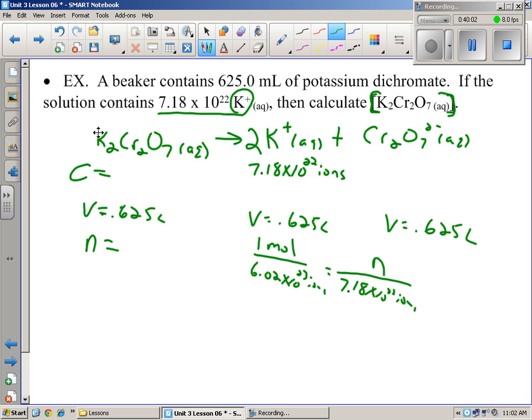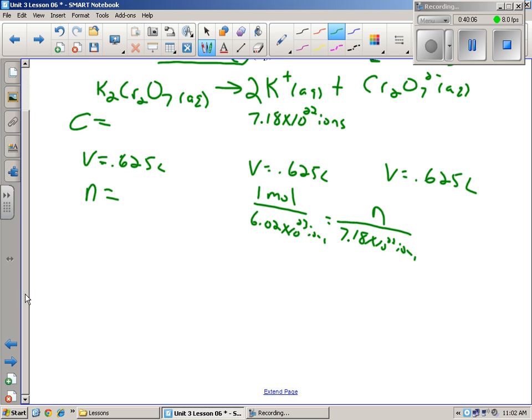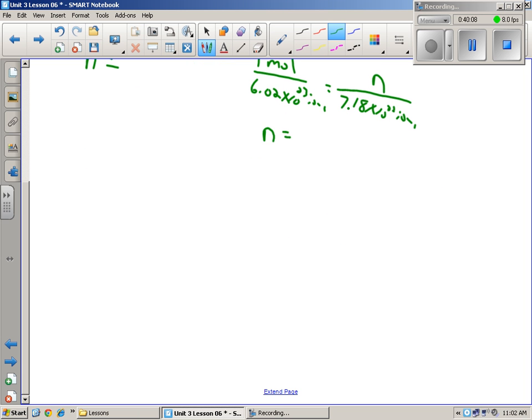When you do this, there's a division here, of course. The proper way to do this is take 7.18 times 10 to the 22 divided by 6.02 times 10 to the 23. Do not forget to use brackets, please, right? Otherwise, we're going to get wrong answers, e to the 45 and e to the 44, and that's silly.